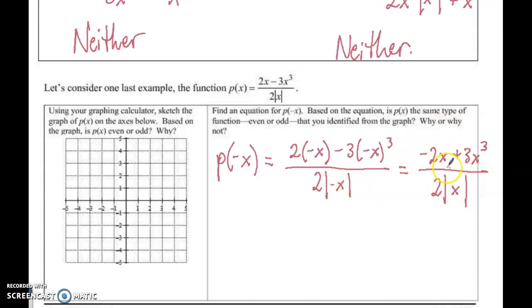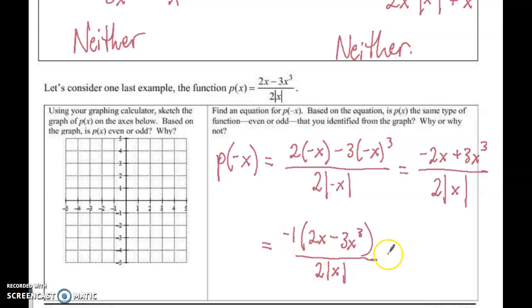So now what I'm looking at is the fact that you could factor out a negative 1 in the numerator. Whoops, I should have been minus. Minus 3x cubed. Because you only want to factor out one of them.